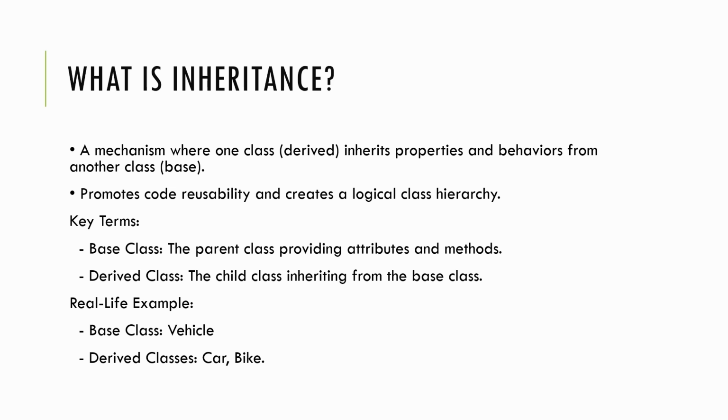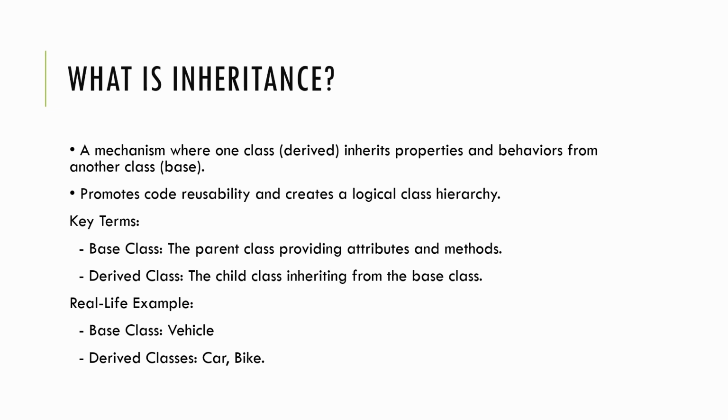Inheritance is a mechanism where one class called a derived class inherits properties and behaviors from another class called a base class. It allows us to promote code reusability and create a logical class hierarchy. Key terms to remember are base class, the parent class providing attributes and methods.